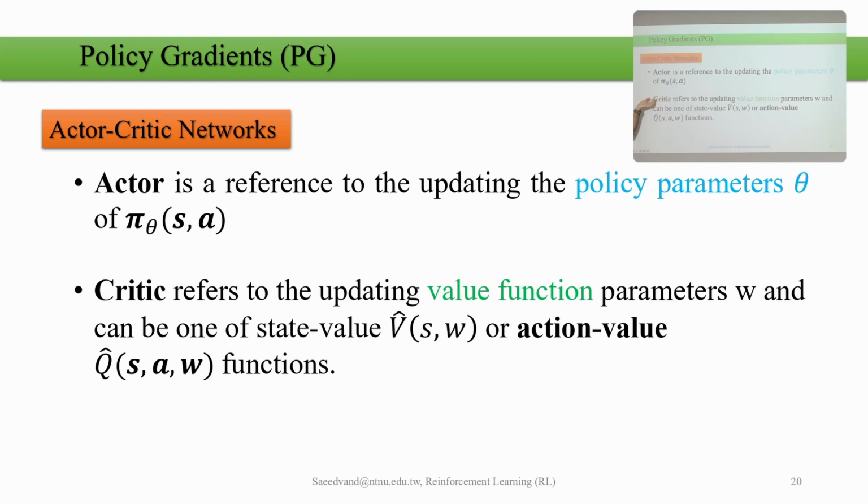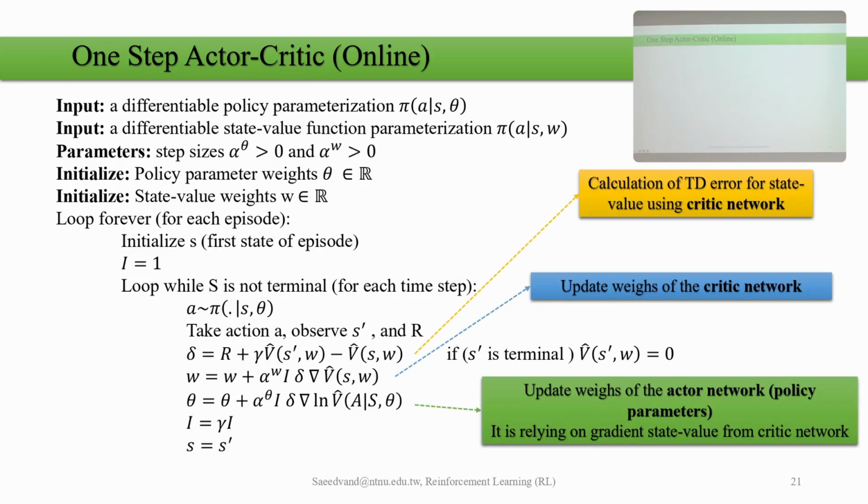Critic is criticization, kind of saying what to do, what not to do to the actor. Keep this in your mind, that actor is generating the policy parameters, that policy finally is running in the environment, but critic uses some values in order to advise the actor network. So based on that, let's have a look at what is happening.